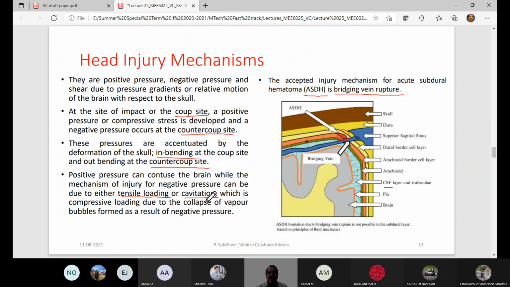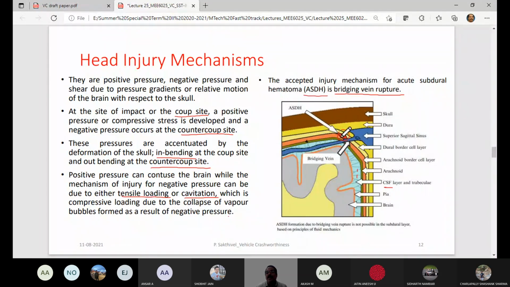That kind of cavitation in this CSF fluid can also be caused by the compressive loading due to this positive pressure, and negative loading on the other side, right? The vapor bubbles are formed as a result of negative pressure, and those get compressed and burst. That cavitation effect is also the reason why you have this ASDH, the clotting that happens.